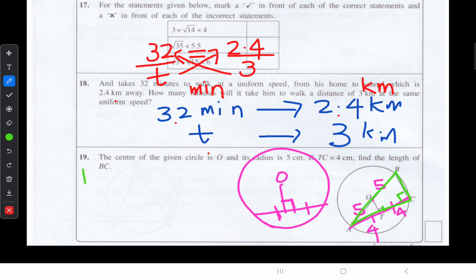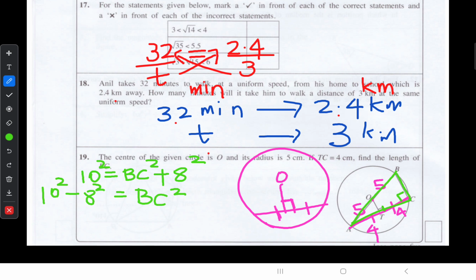That is, the total hypotenuse square, that is 10 square, equals BC square, adjacent side square, plus 8 square, opposite side square. So, to find BC square, 10 square minus 8 square.